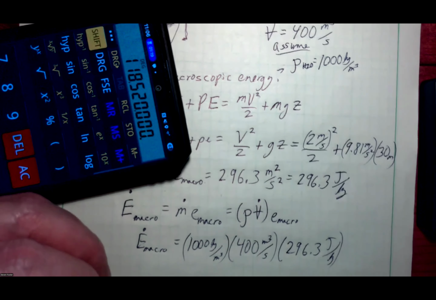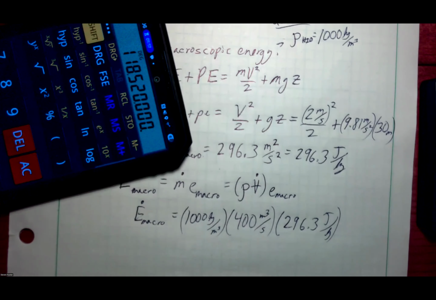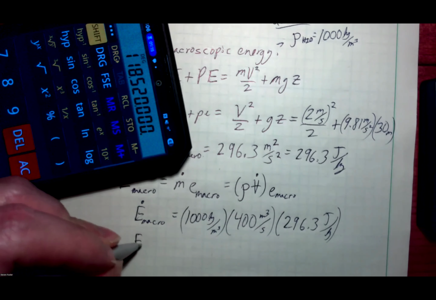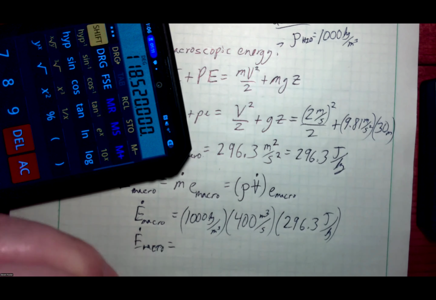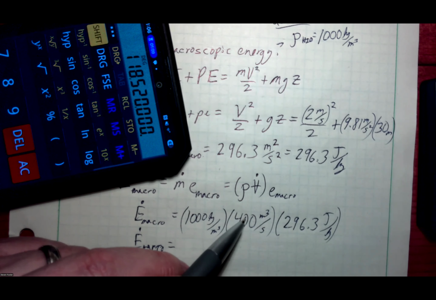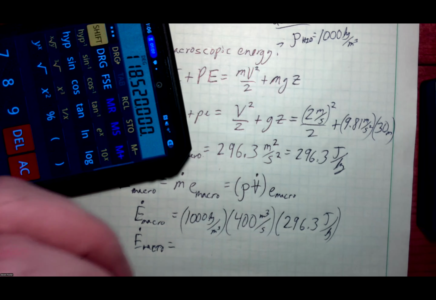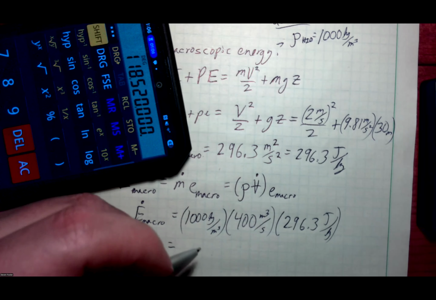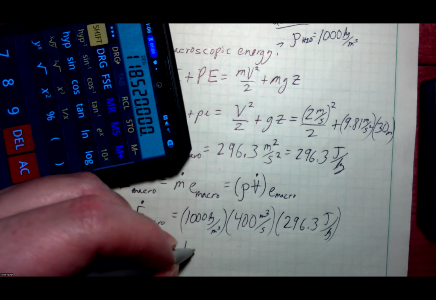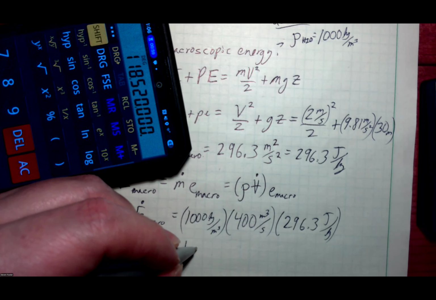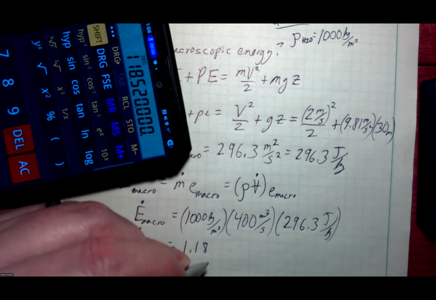Okay, so let's move this up. Try to get everything on the screen. The rate at which, and by the way, 400 cubic meters per second is an enormous stream. It's a big river flowing through this thing. So it's a lot of energy. What do we got there? That's 1.18.